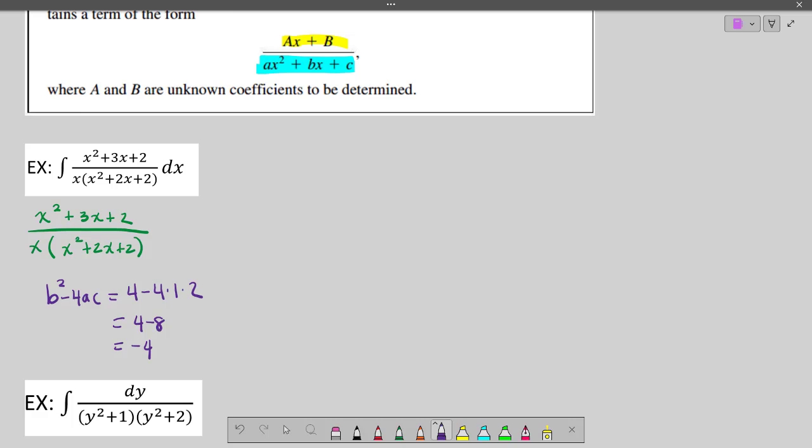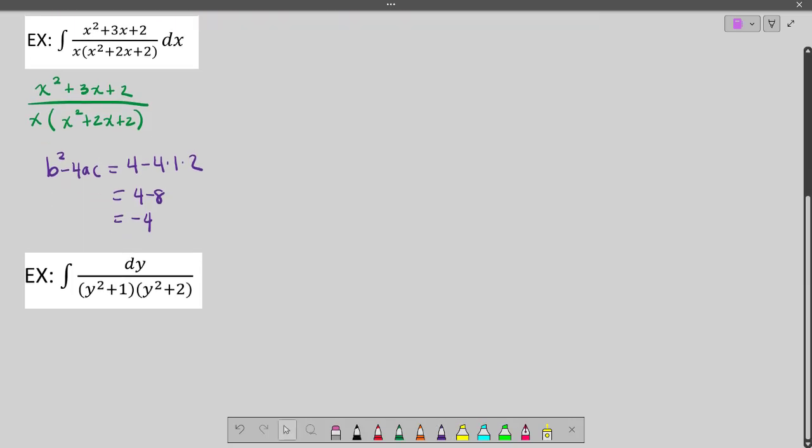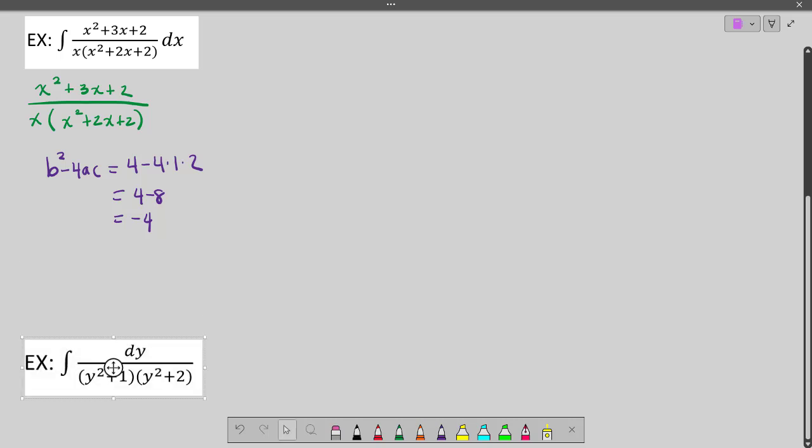So that's what tells us for sure that that quadratic is irreducible. So I'm going to call that D for discriminant. D less than 0 means irreducible.